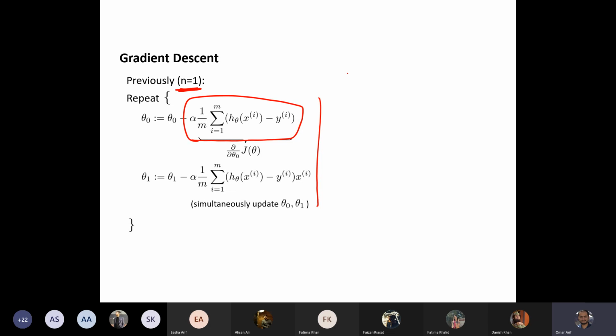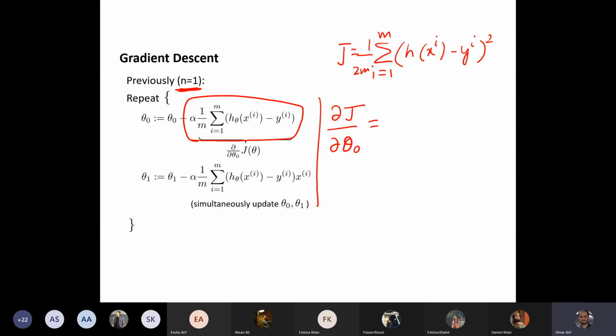Basically, if you remember, this was the cost function, and 1 divided by 2m. So the rate of change with respect to, for example, theta 0 is equal to 2 times 2m. Then you have the summation.